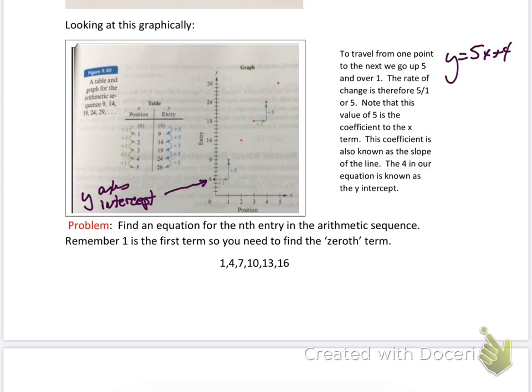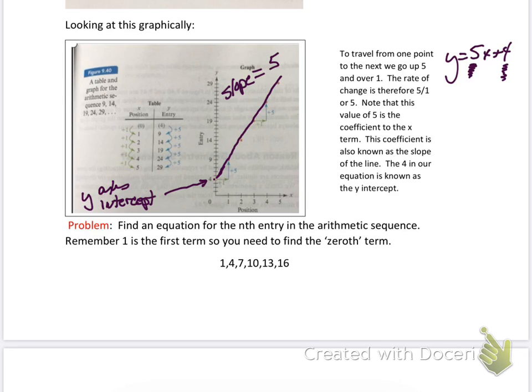Okay, if I were to connect these points with a line, the slope of that line, the slant, the slope, would equal 5. So do you see that the coefficient to the x is the slope, and the 4 is the y-intercept? Okay, so that's kind of an advanced algebra analysis, but I just thought I'd put that out there.